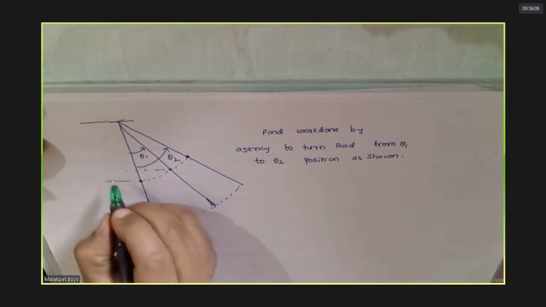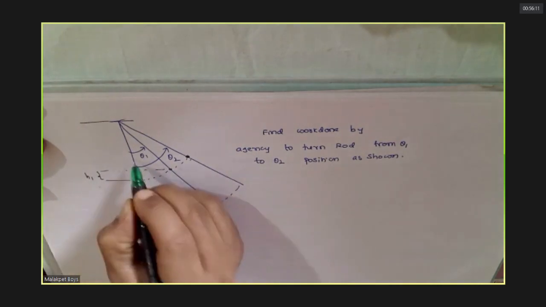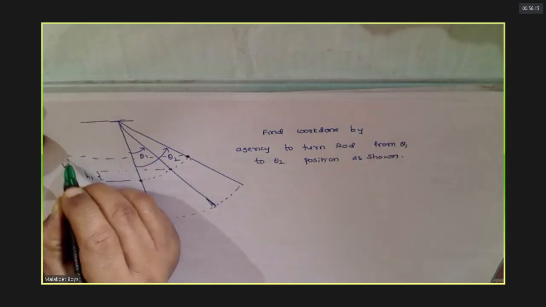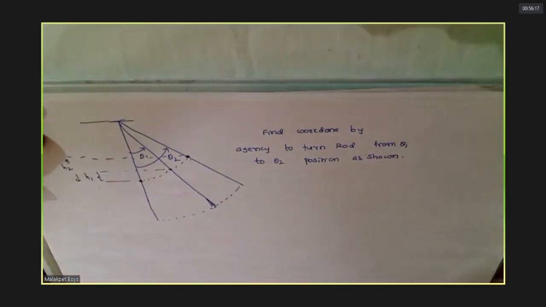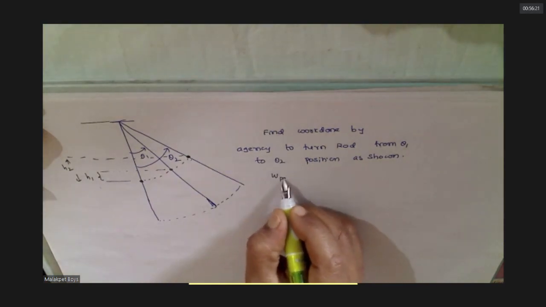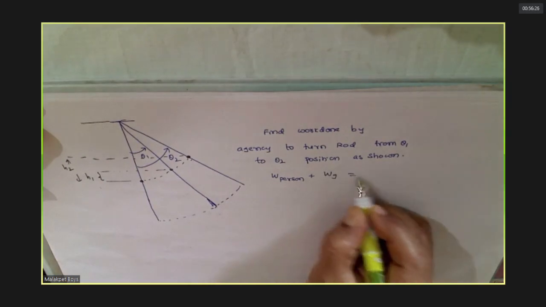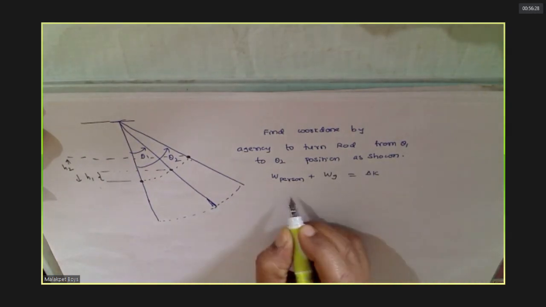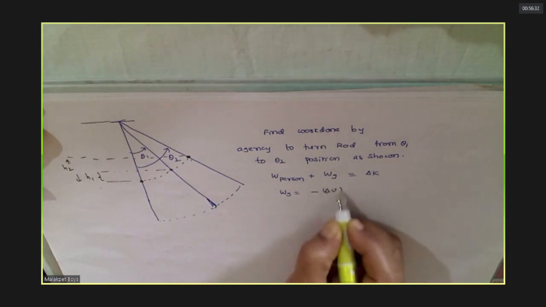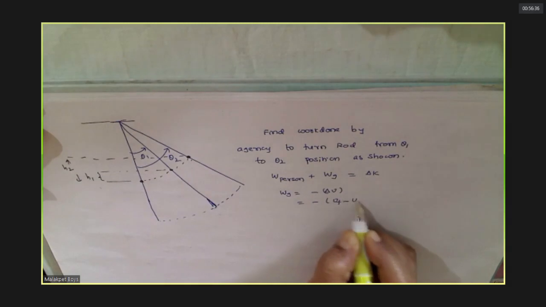So now you can see that this height is h1 and this height is h2. Understood this? Work done by person or agency, plus work done by gravity, equals change in kinetic energy. Work done by gravity is minus change in potential energy, final minus initial.